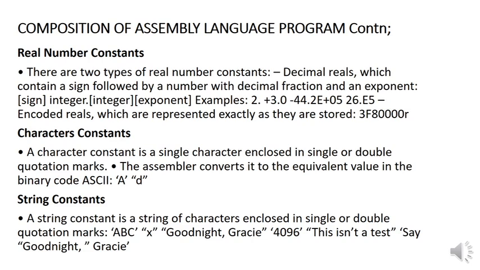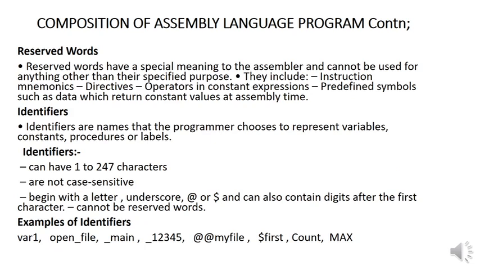That is the example you see here, like A, B, C, then X, then "good night, grace". Then we give you examples of variable one, open file, main, and the numbers. These are examples of identifiers.